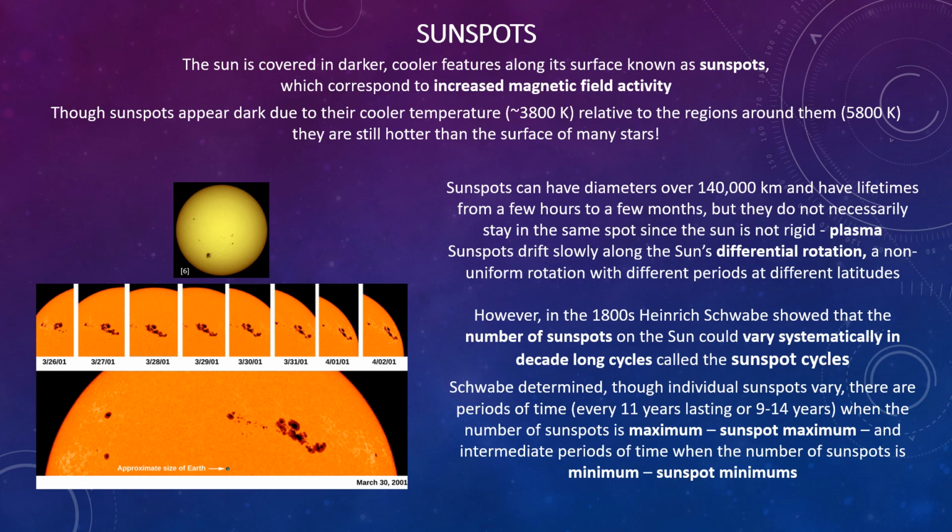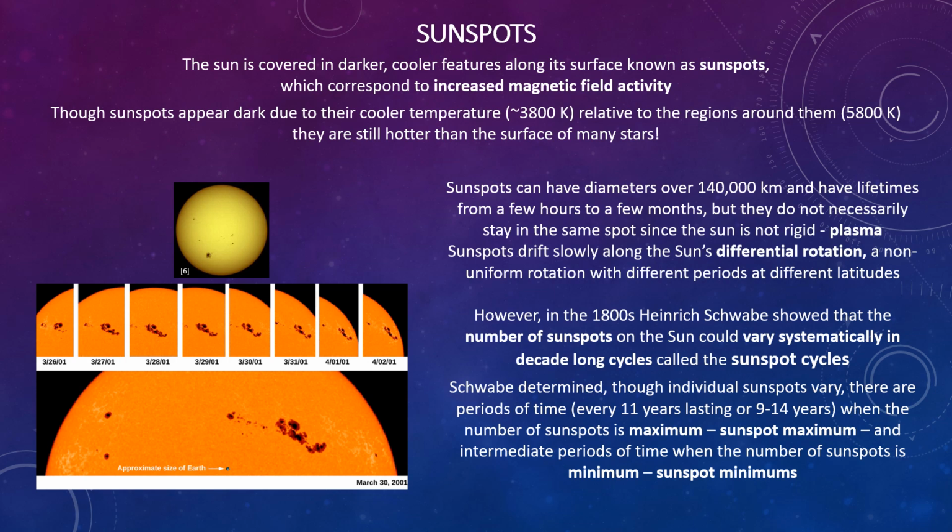Schwabe determined, though, that although individual sunspots vary, there are periods of time, roughly every 11 years, or 9 to 14 years, it depends, when the number of sunspots is at a maximum. This is called a sunspot maximum. And then there are intermittent periods of time where there are fewer sunspots, called a sunspot minimum, or solar minimum.